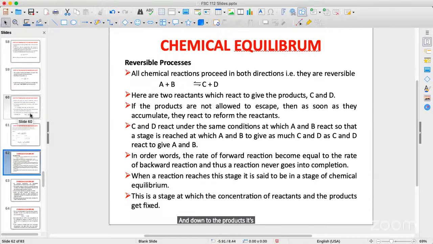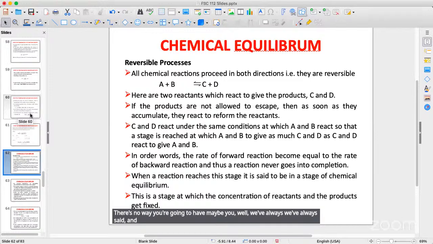My question is how they are able to. No, there's no way you're going to have an increase in rate from reactants. Reactants are decreasing in concentration, so your concentration is going to be dropping. So there's no contradiction here.